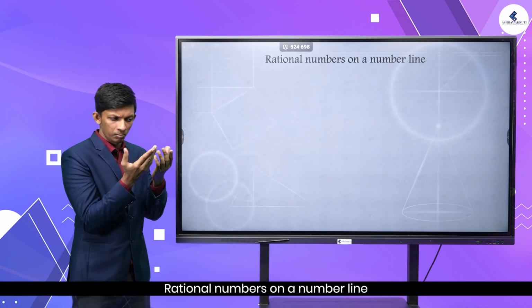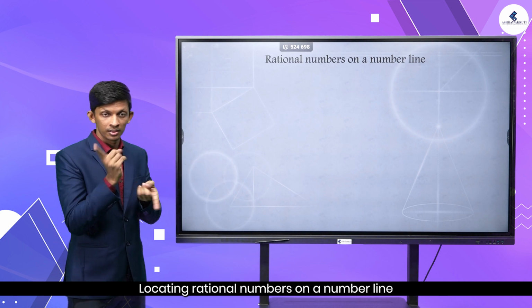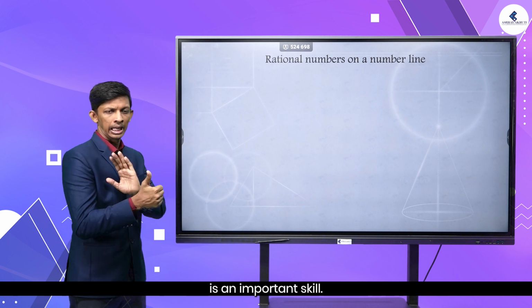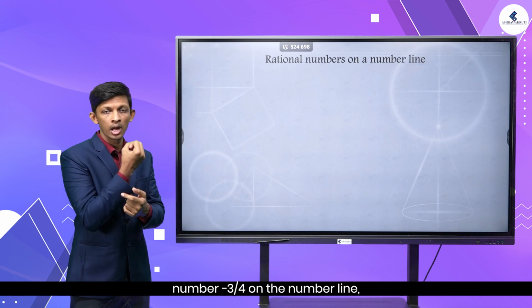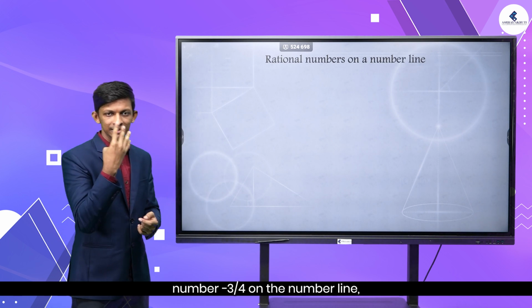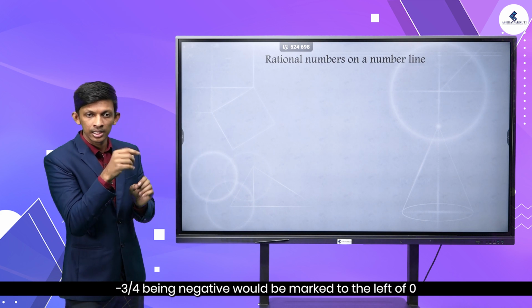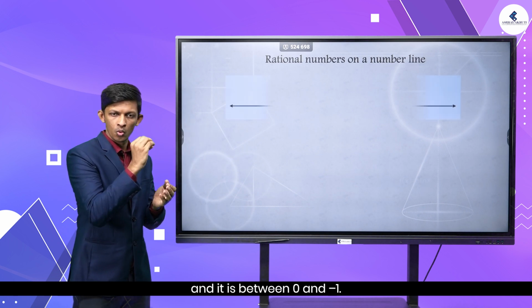Rational numbers on a number line. Locating rational numbers on a number line is an important skill. For example, to represent the number minus 3 by 4 on the number line, minus 3 by 4 being negative would be marked to the left of 0, and it is between 0 and minus 1.